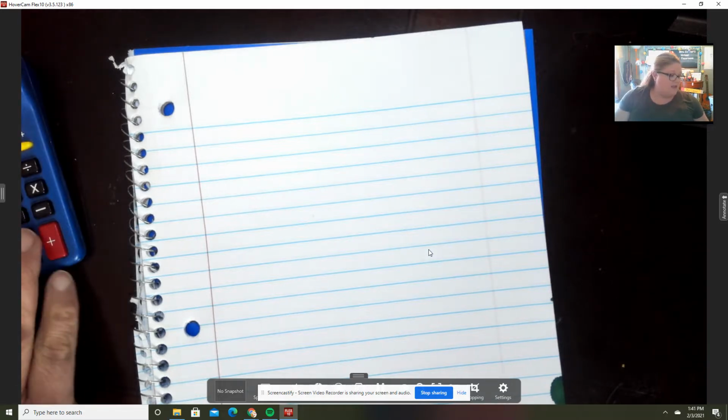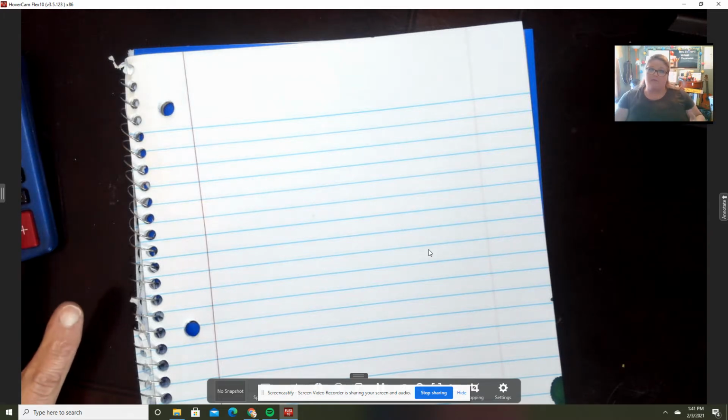So mean, median, mode, and range are statistics, and we use them when we have a set of data, like a set of numbers, and you use these to figure out the average, which is mean, the mode, which is the one that repeats, the median, which is the number in the middle, and the range is the difference between. I know this sounds all crazy, but I promise that we'll get into it and it'll make more sense.